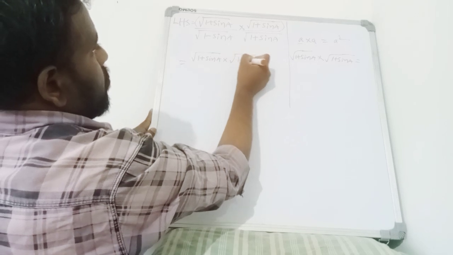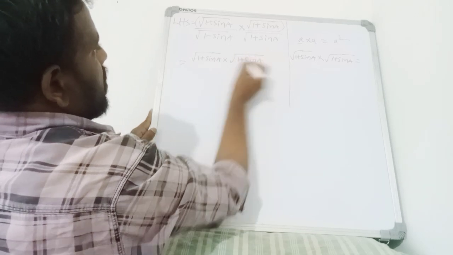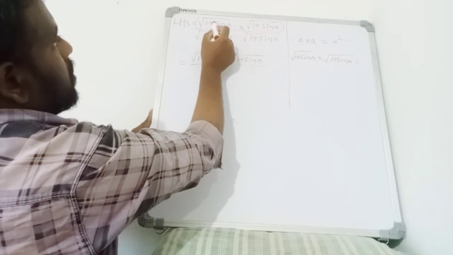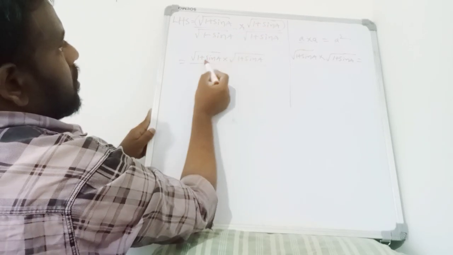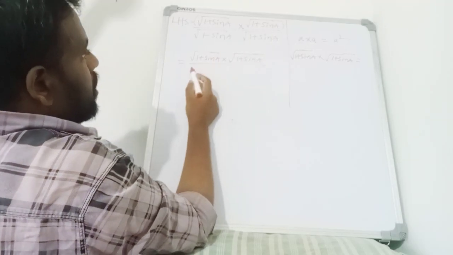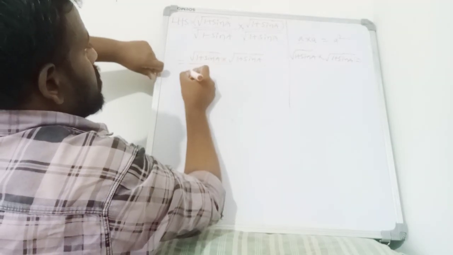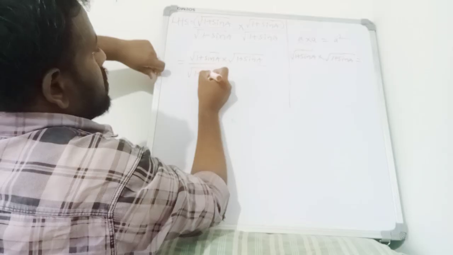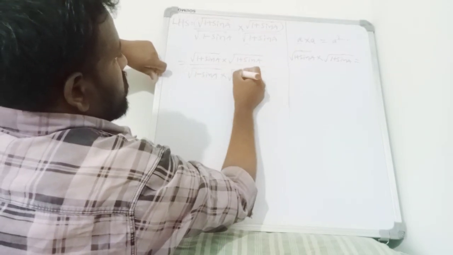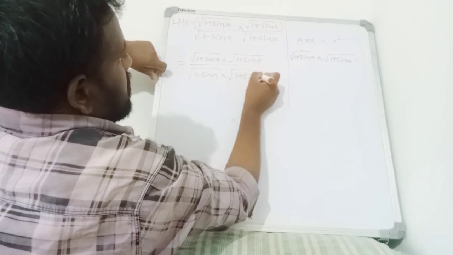Into square root of 1 plus sin A whole divided by, now into is there, these two I multiplied here. Next to these two you have to multiply, and here you have to write, first write this square root of 1 minus sin A into this one square root of 1 plus sin A.